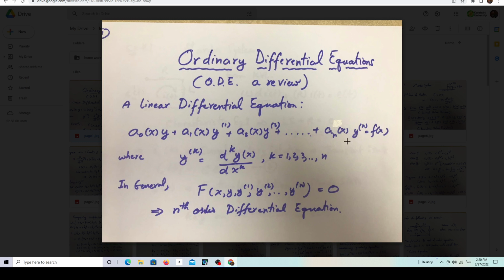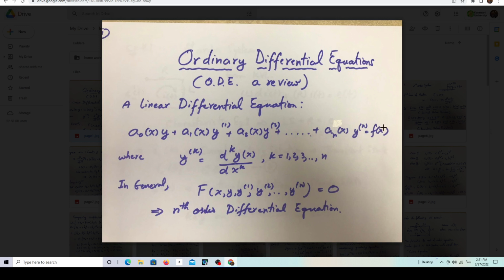It's a differential equation with an equal sign here. The key domain of this equation is x, and the resulting function that we are looking for is y.